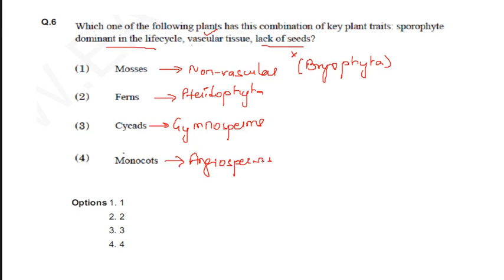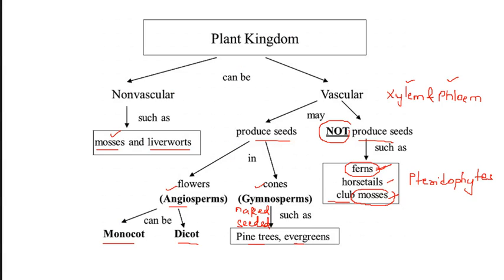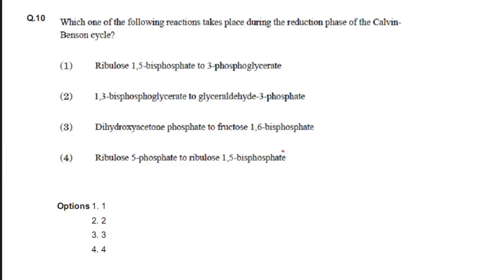Clear? Now this classification is very important for CSIR NET and for any other life science entrance exam, because these are the common points of classification which we have to remember. Okay, let's proceed to the next question. So answer is 2.